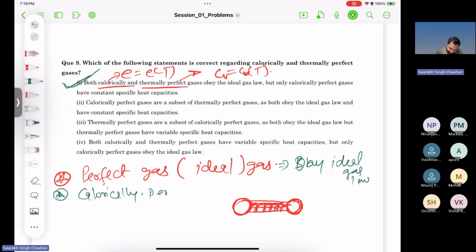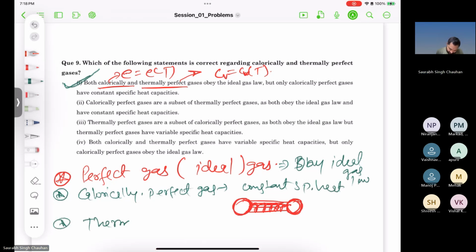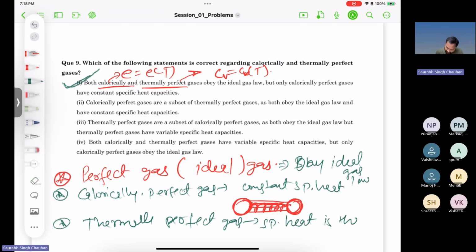Calorically perfect gas, constant specific heat, and thermally perfect gas, specific heat is a function of temperature only, right?